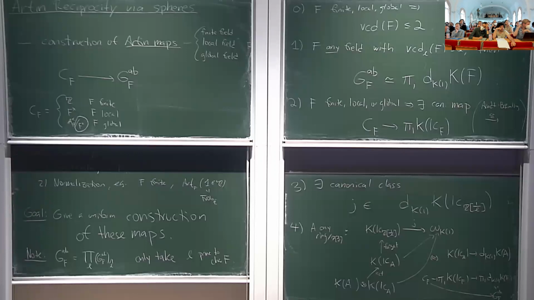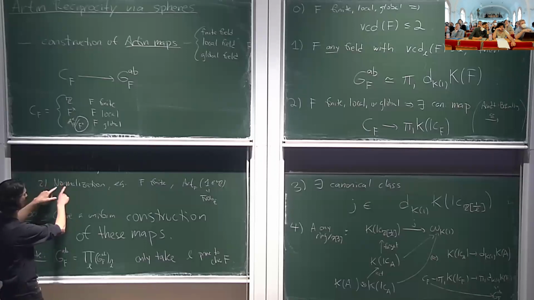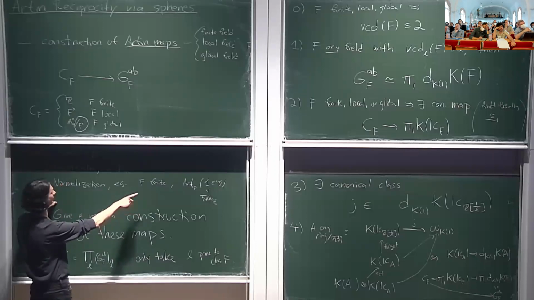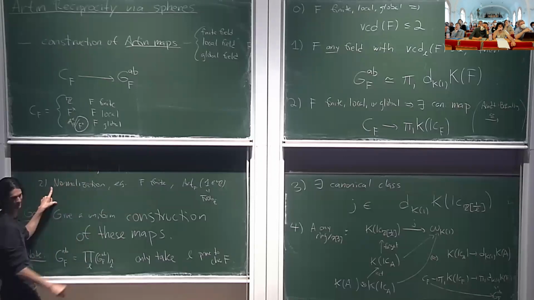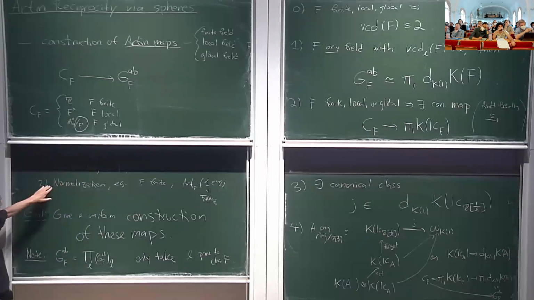The question concerned the reasoning behind why normalization just for finite fields actually normalizes it for all fields. And it's just because of the strength of this functoriality.